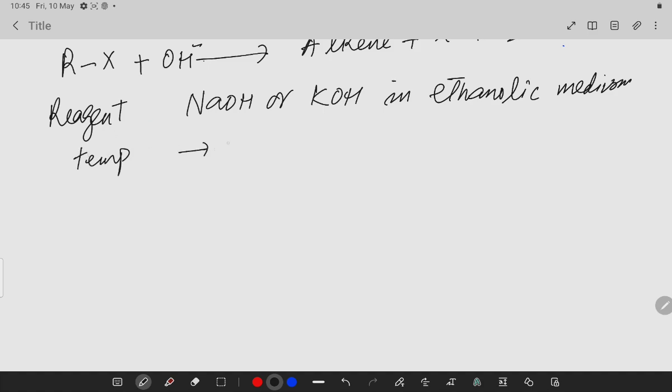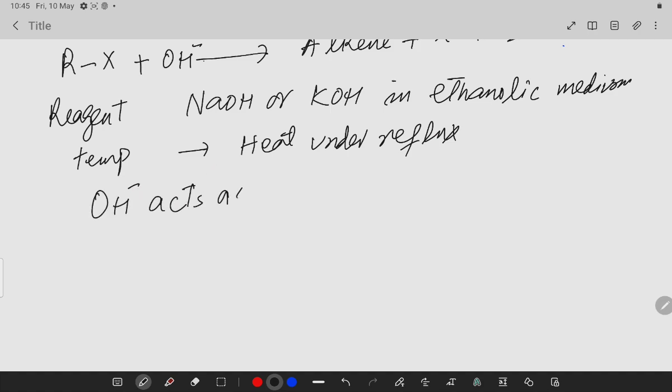Temperature is heat under reflux, and OH ion acts as a proton acceptor.